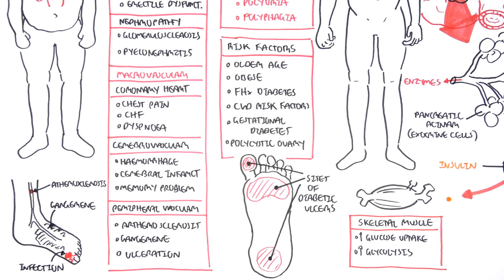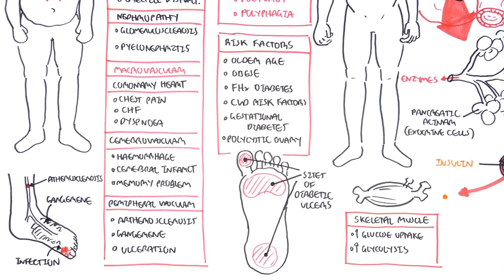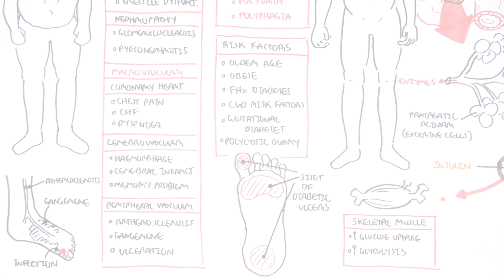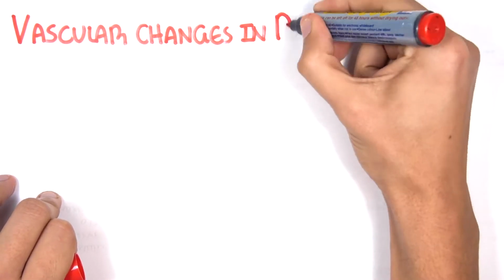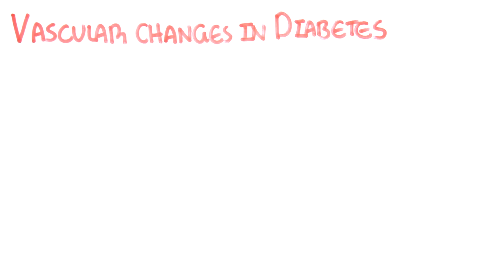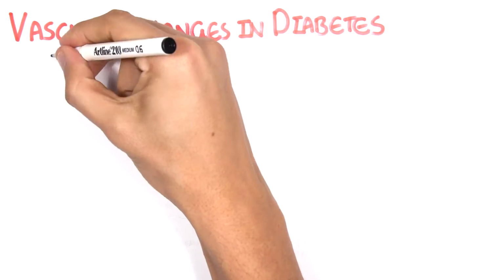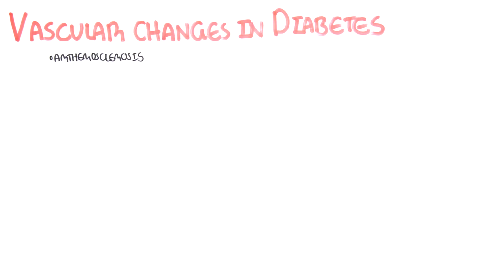Now we are going to look at the pathophysiology of these complications that occur in diabetes. And in order to understand this, we have to look at the vascular changes that occur. These vascular changes are essentially what leads to the microvascular and macrovascular changes we see in diabetes.